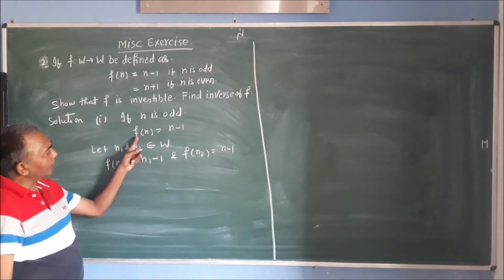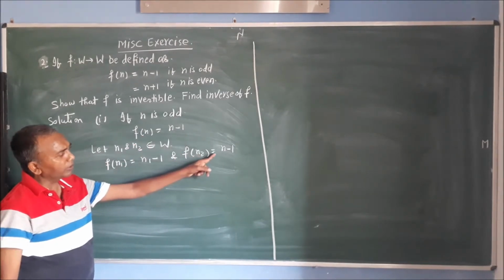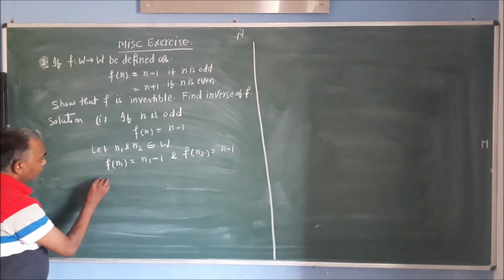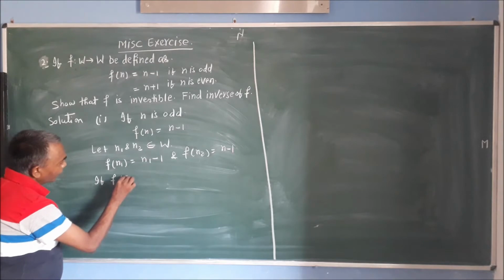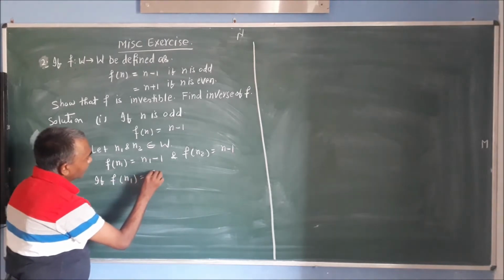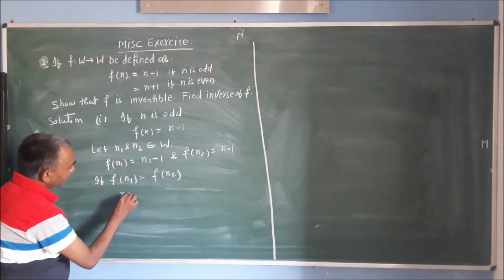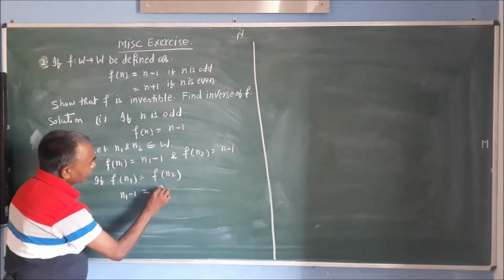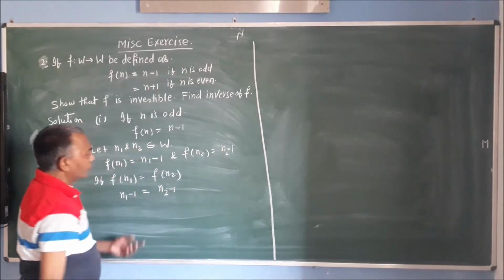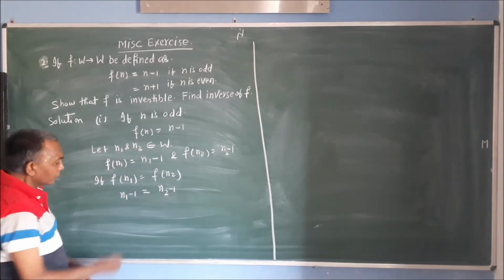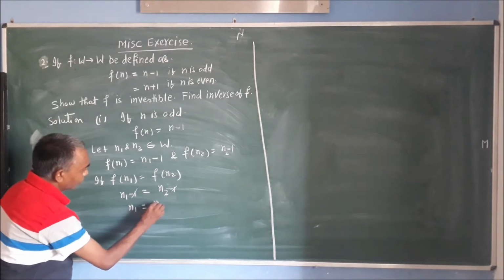Now apply the condition: if f of n1 is equal to f of n2, then n1 minus 1 is equal to n2 minus 1. So the 1 and 1 will be cancelled, and you will get n1 is equal to n2.